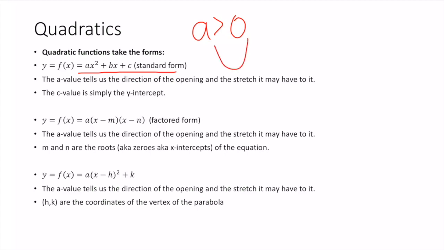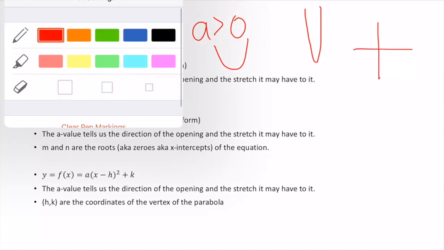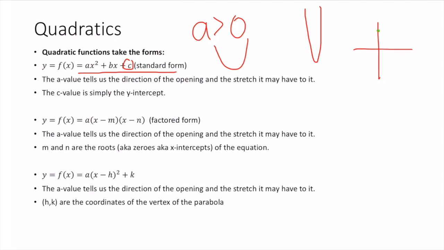And the bigger the number a gets, the skinnier our quadratic gets. And then the c value is the y-intercept, so where the quadratic crosses the y-axis.